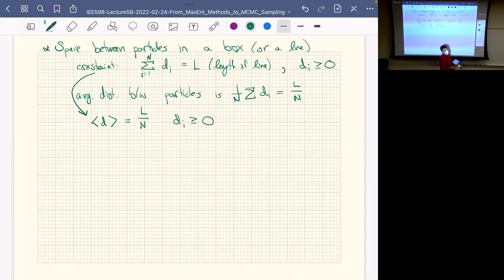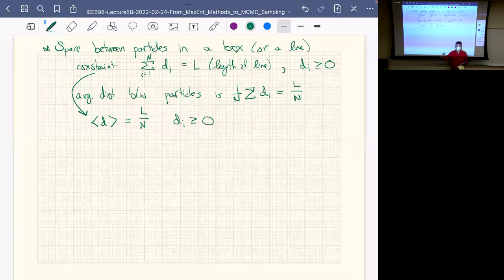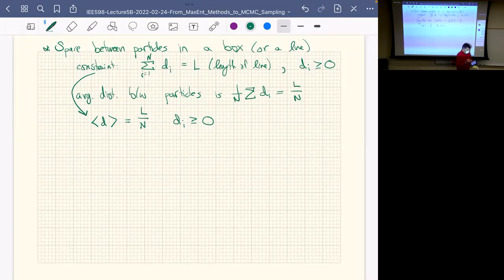So someone tells me, I want you to drop points on a landscape, and all I want is that the average distance between those points should be some fixed value, in this case, L over n, whatever. And those distances, because they're distances, all have to be greater than or equal to 0. So you're going to need to give me a distribution that gives me only positive values and has a fixed average. There are a bunch of distributions you could come up with that way.